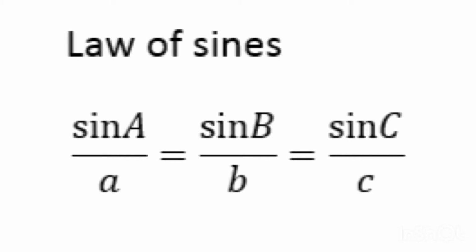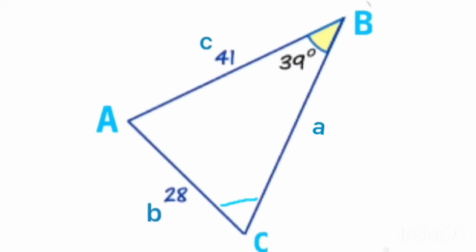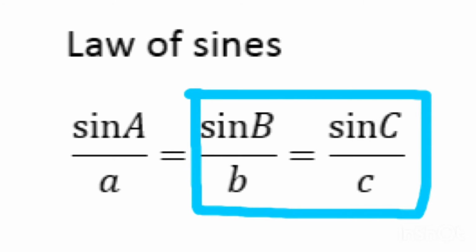So looking back at our example, which 2 letters would we be using? Since we are given the pair of B's and we're looking for a piece of the pair of C's, those are going to be the 2 families that we're going to work with: sine B over b and sine C over c.